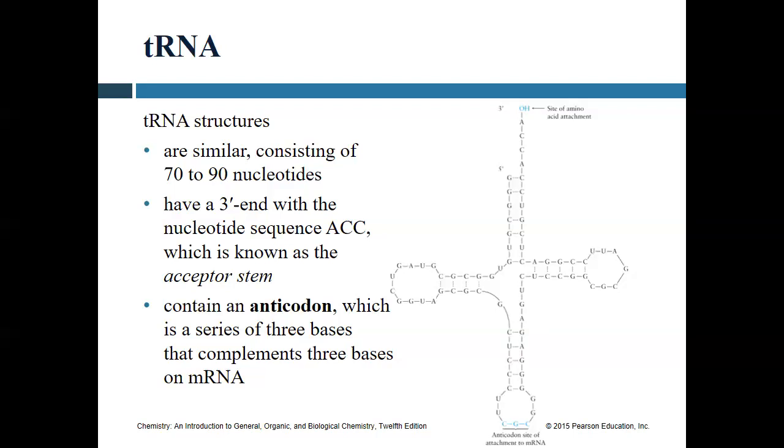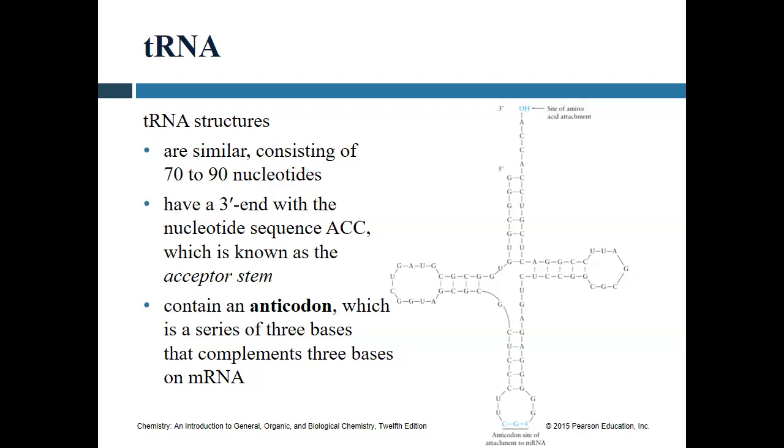And attached in here is something called an anticodon. Now, this term isn't going to make a whole lot of sense until we talk about codons. But basically, in a codon versus anticodon, we've got a complementary base group.